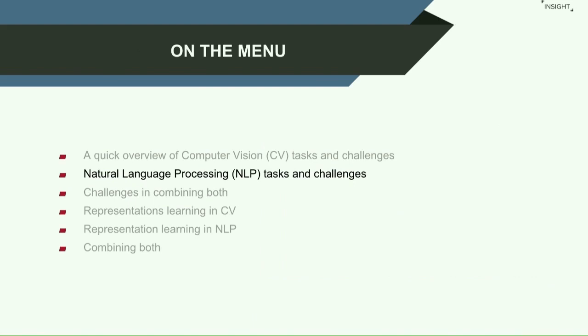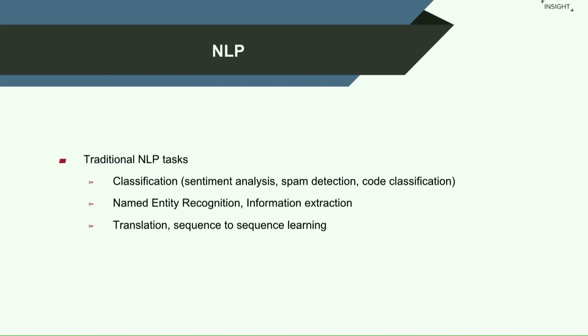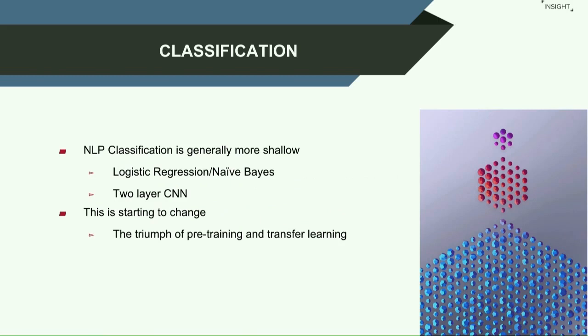So to dive into the next part, natural language processing tasks and challenges. Many different traditional NLP tasks cover many domains, from text classification and spam detection, to information extraction, text summarization, and sequence-to-sequence learning for chatbots or translation. I'll just do a brief overview of this. From the classification side, NLP classification tasks have historically relied on techniques including logistic regression or naive Bayes.